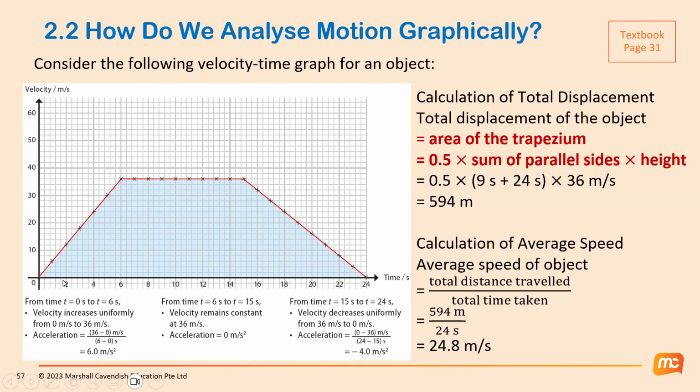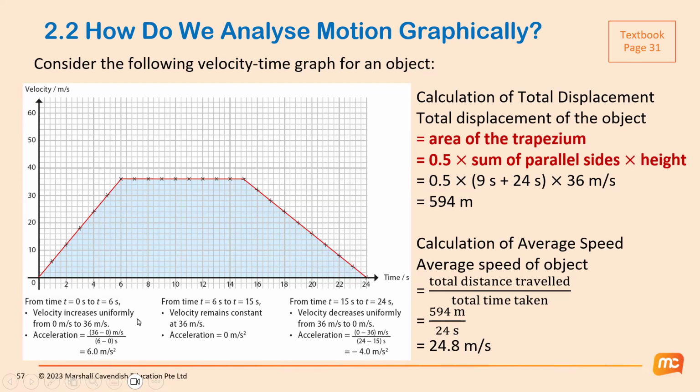So for the total distance or total displacement, I need to find the area under the graph. My graph line is the red line. The area under the graph will be between the red line and the x-axis, so it will be this entire shaded blue area throughout the whole journey. And the total time taken will be 24 seconds.